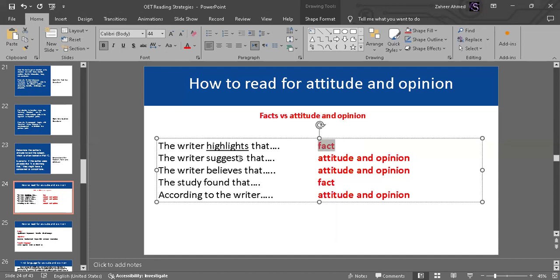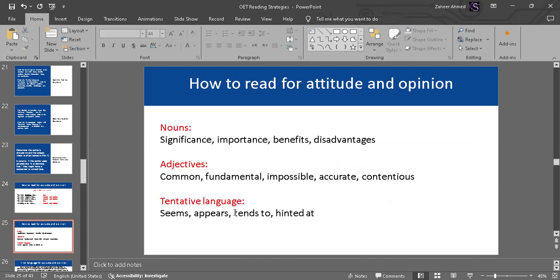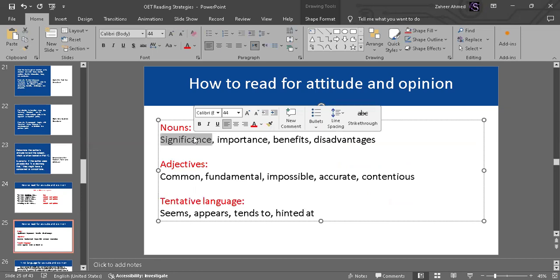When the question is about suggests, believes, it means it's about attitude and opinion. When it is "the study found," then this language is used to explain the fact. When they say "according to the writer," then this information will be about attitude and opinion. And these are the common words. You noticed your first question was done with this word only, significance.